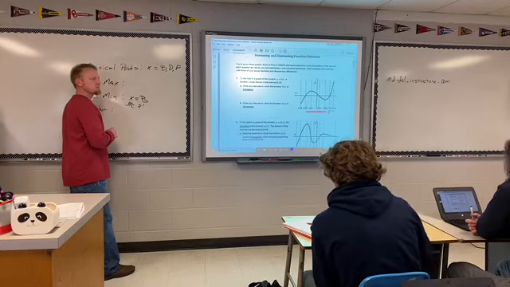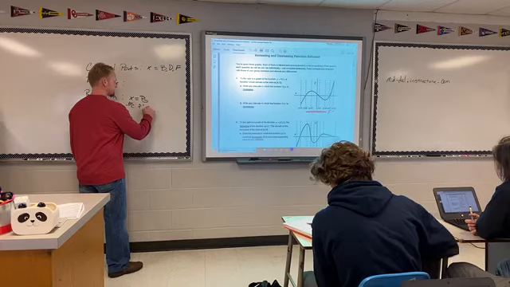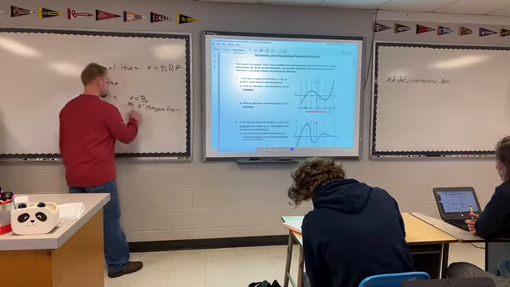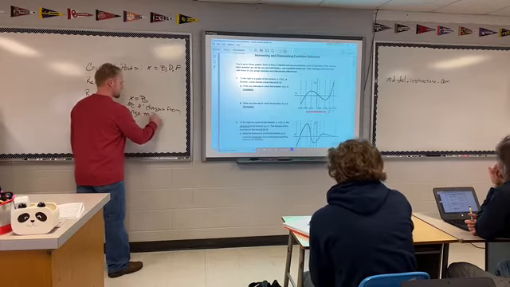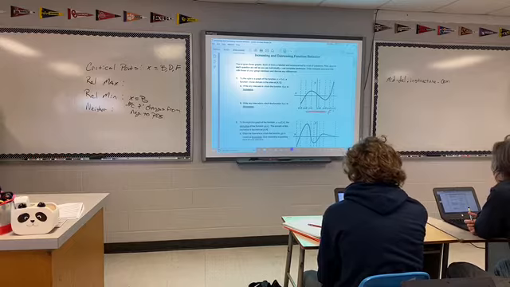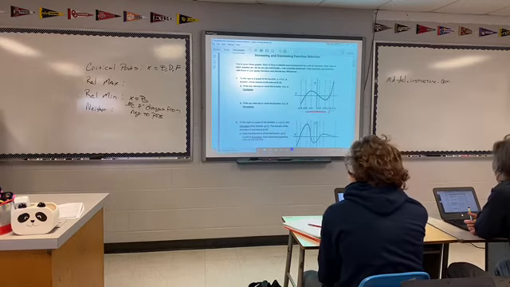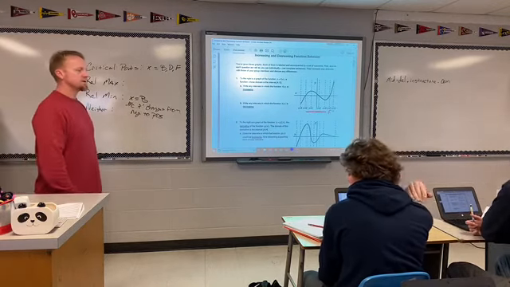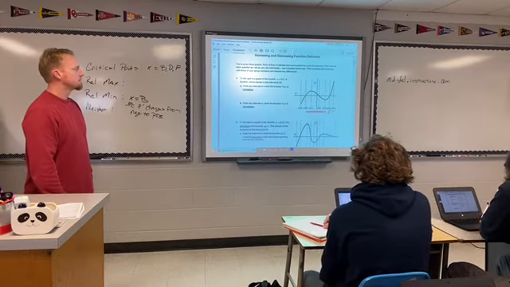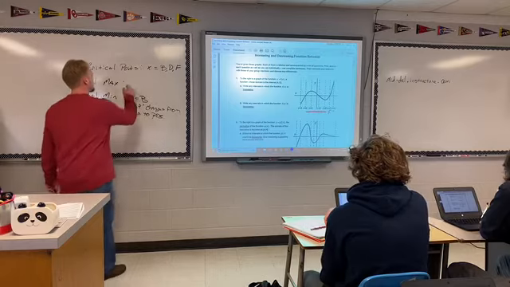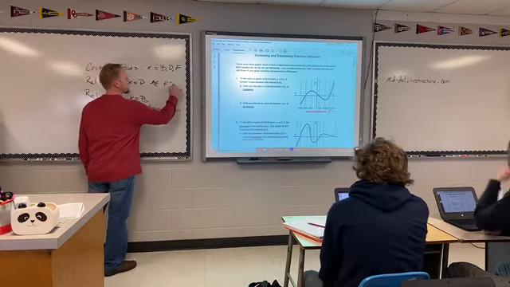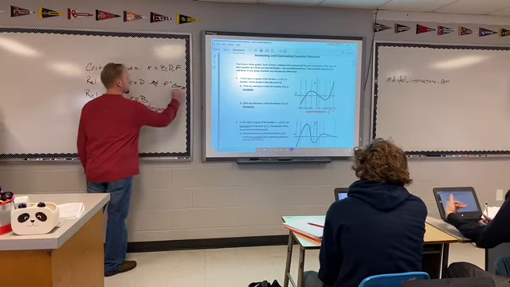Goes from a negative value to a positive value. All right, so we're going to say changes from negative to positive. Very good. All right, Wilson, what's going on at D? Min, max, or neither? D is the max because f prime changes from positive to negative.